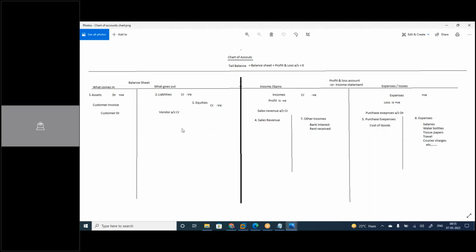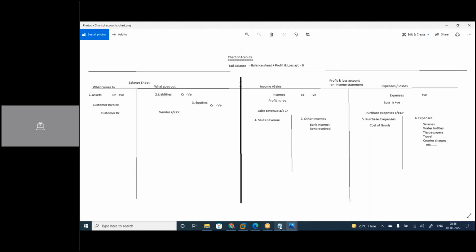It is quite opposite behavior from the balance sheet side to the P&L side. So this is the chart of accounts. Trial balance is equal to balance sheet plus profit and loss account, which should be 0. So on the balance sheet side, assets should be more positive, and on the P&L side, it should be more negative. Then only is my company in good shape.